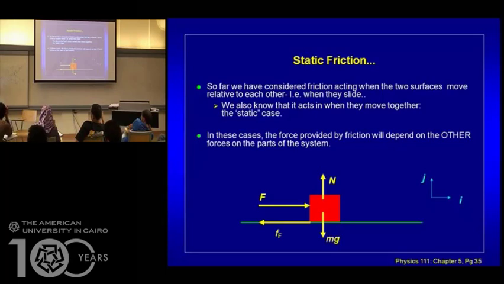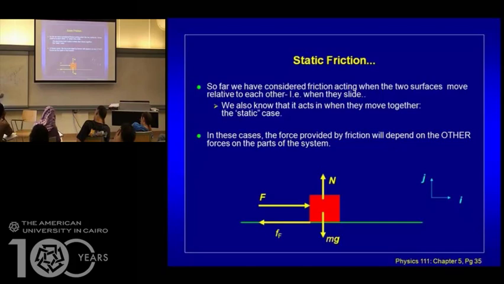It's about to move, it's not moving. So mg sine theta minus mu n equals 0. Then we need to know N.